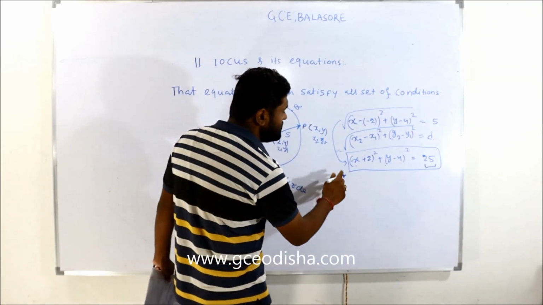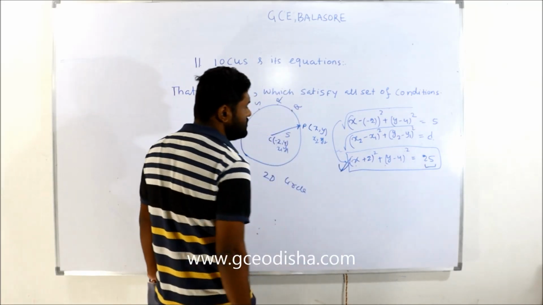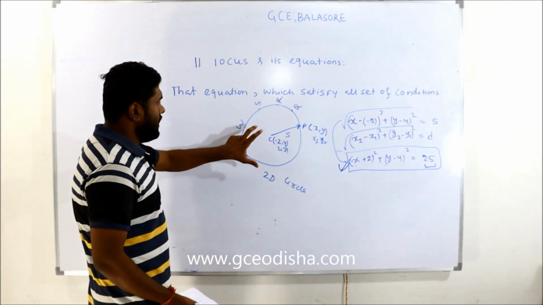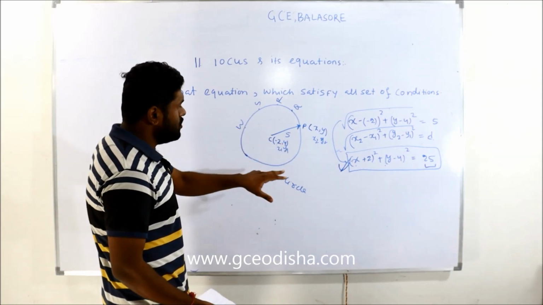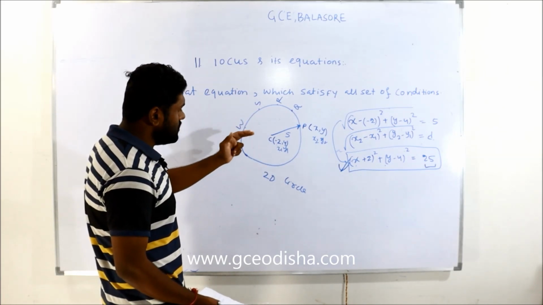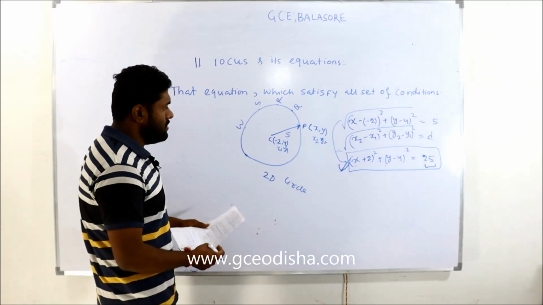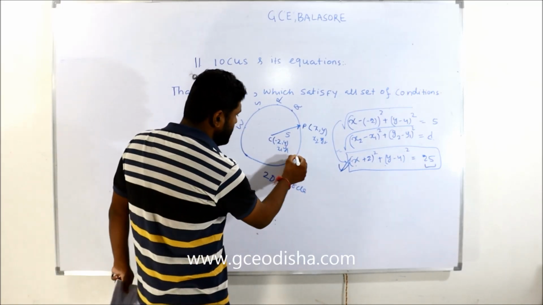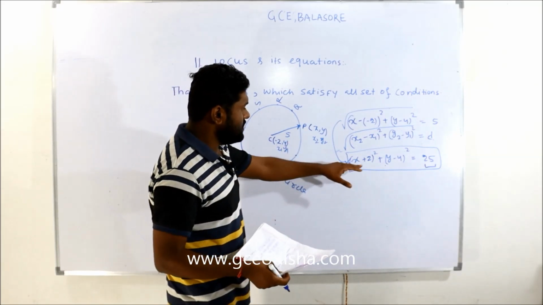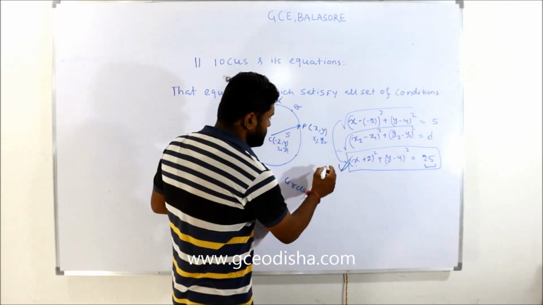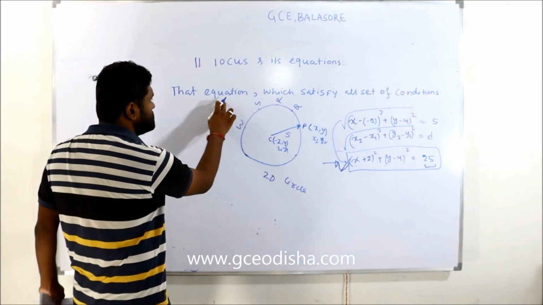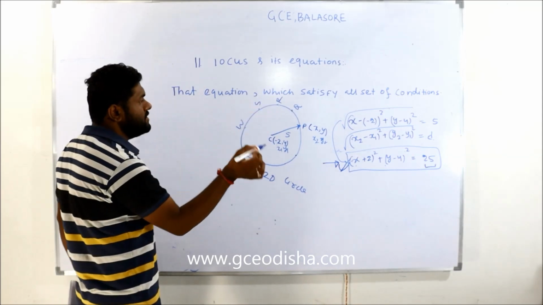Then this is called the equation of the circle, and this is the equation of the locus of the circle. Any point on the periphery of the circle, when you put it here, will satisfy this equation. That's why it is called the equation which satisfies all set conditions.